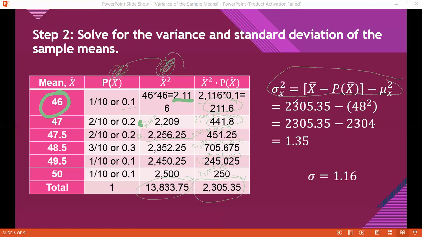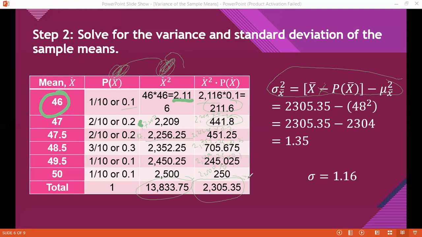We have here the mean times its probability of the sample mean.